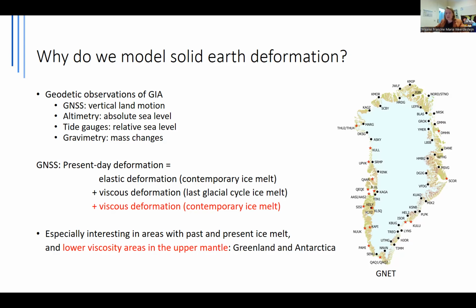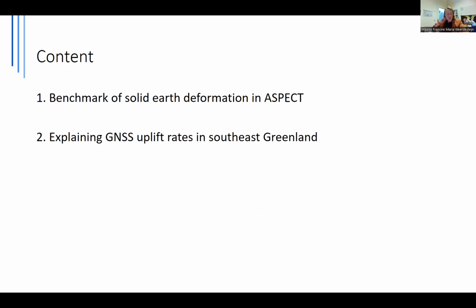So we have this mixed signal. In this presentation, I'll show a benchmark study of solid earth deformation in ASPECT, or parts of it. And then after that, we'll take a closer look at Southeast Greenland and observations of uplift rates from GNSS.